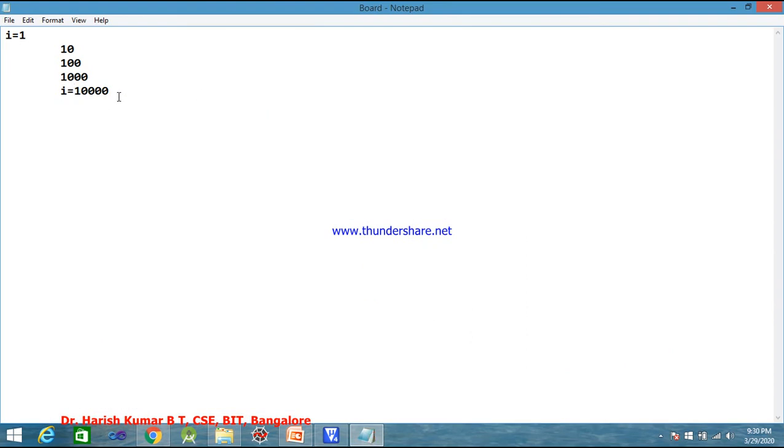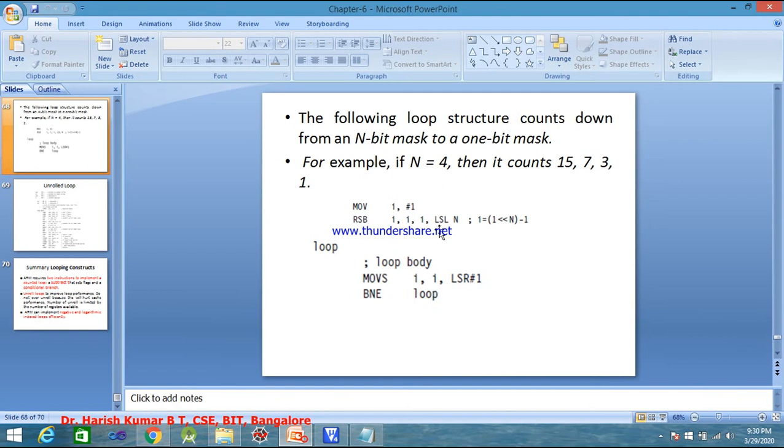Reverse subtracting I'm doing from 1. From this I got to subtract this.